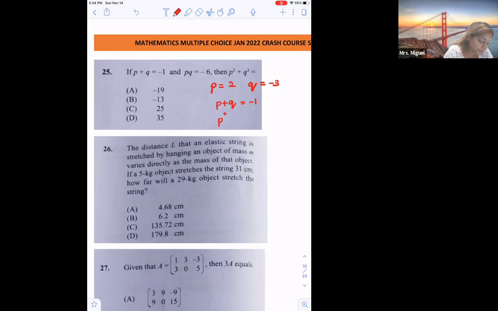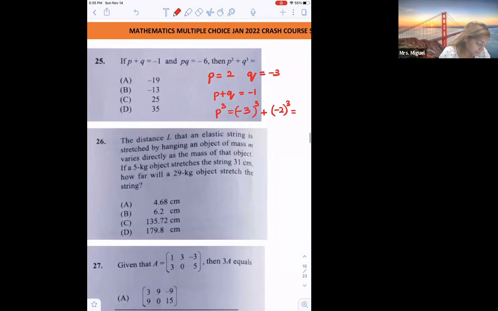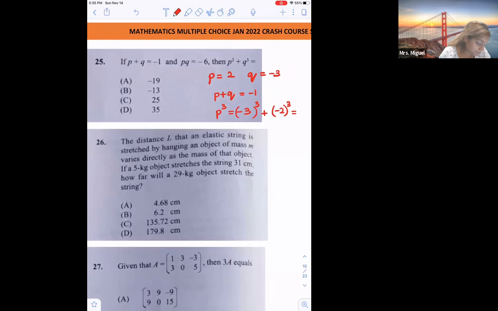So P is -3 and Q is 2, right? So -3 multiplied by -3 multiplied by -3 will give me -27. And 2 by 2 by 2 will give me 8.